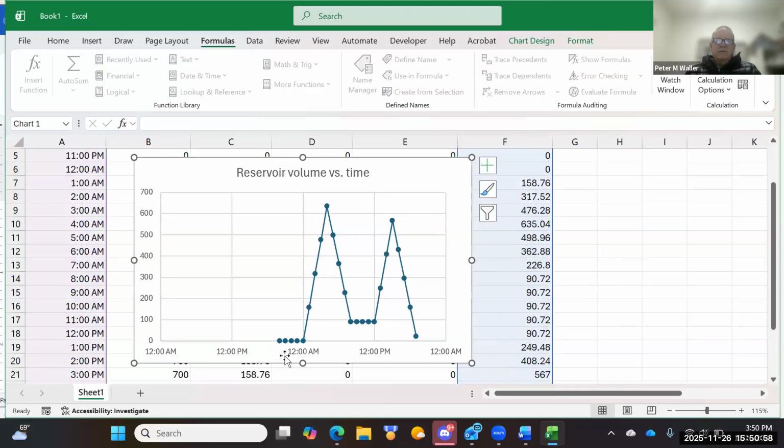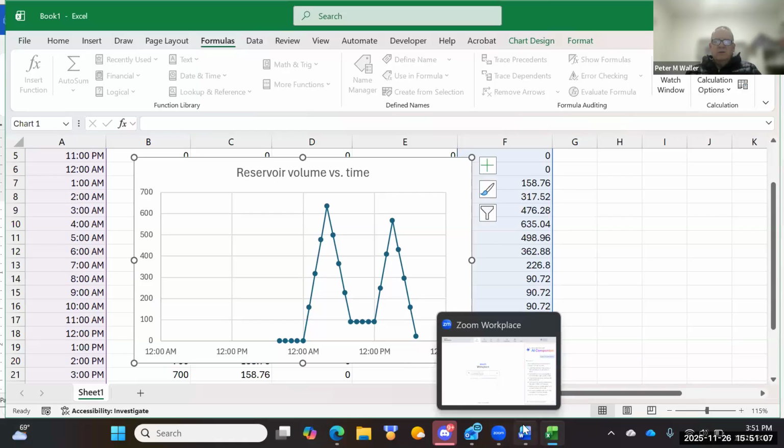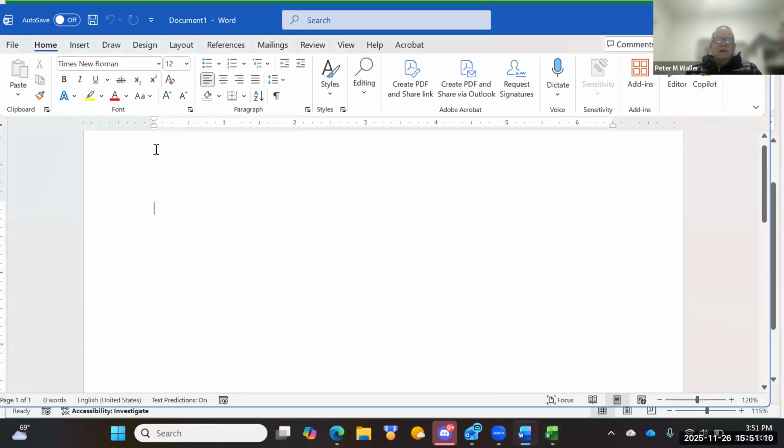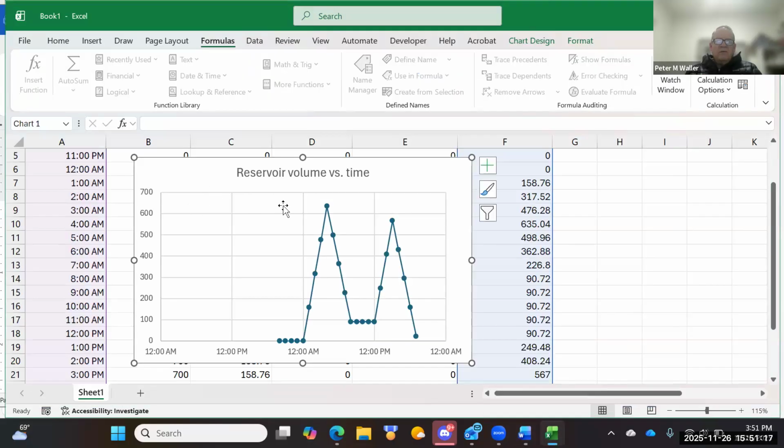Well, anyway, this is our amount of water in our reservoir over time. And so now what we can do is, oh, so we're peaking about 650 and you always want to be a little extra on reservoirs because they can fill with sediment.